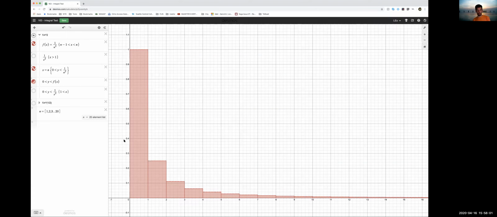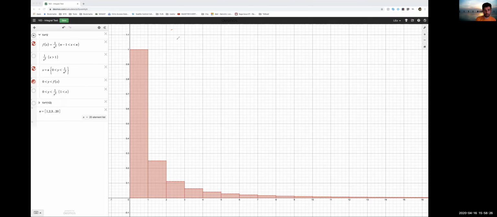All right. So first of all, what I'm looking at here, these are boxes representing our sequence, or rather, I should say, the area under these boxes represents the sum of the series.